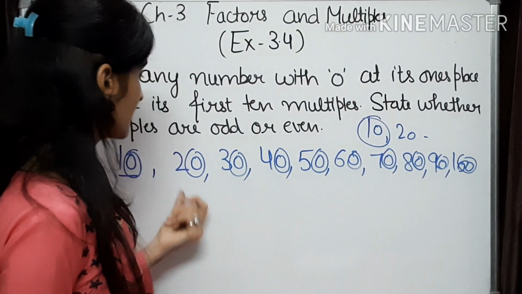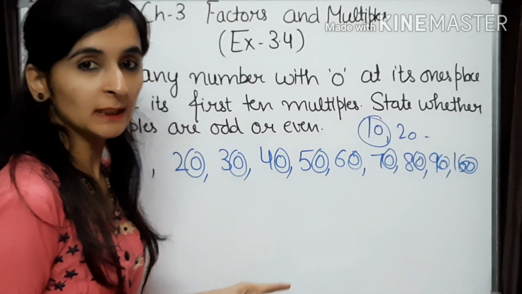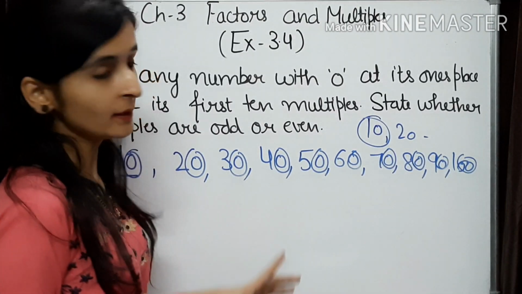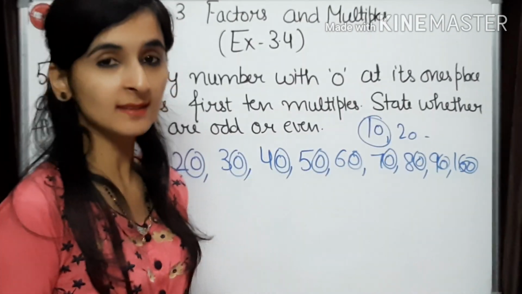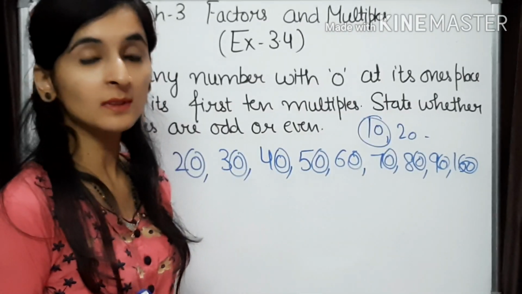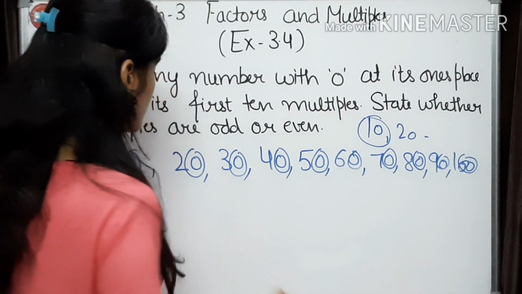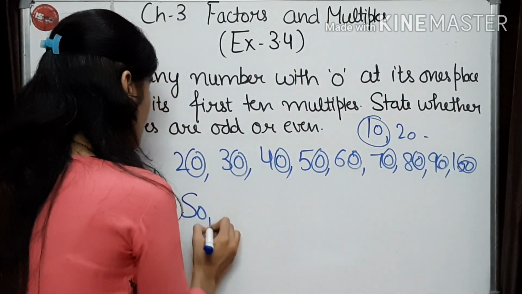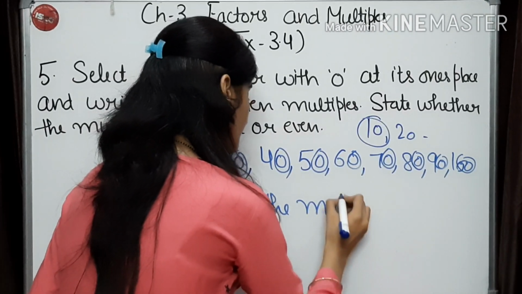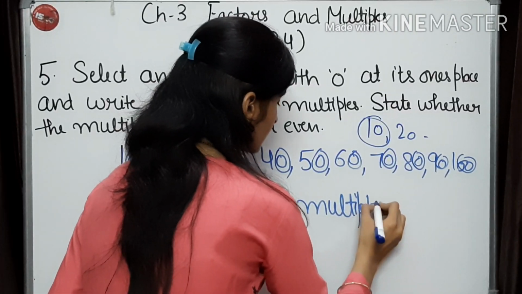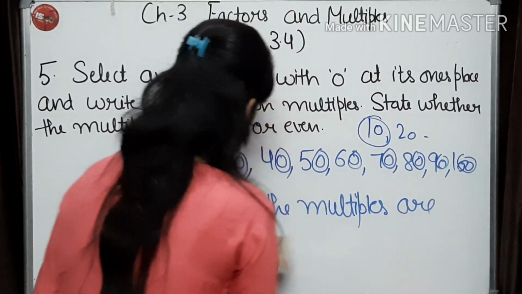So if there is 0 on the ones place, it means the numbers are even. So we can say all the multiples are even numbers.